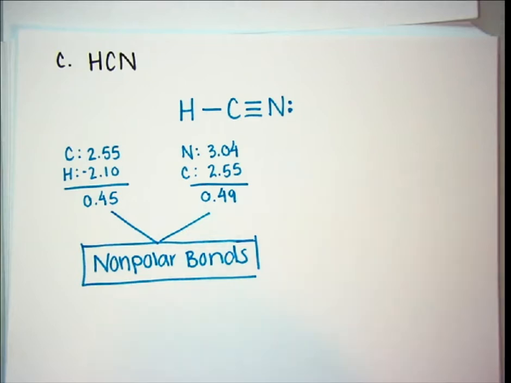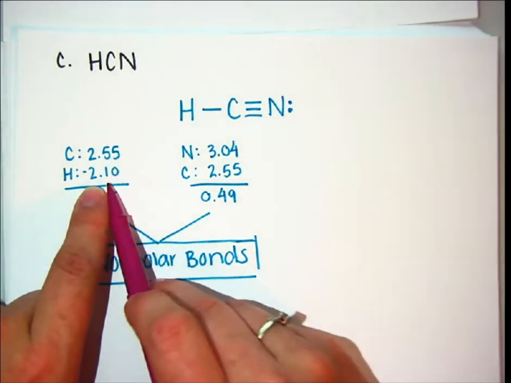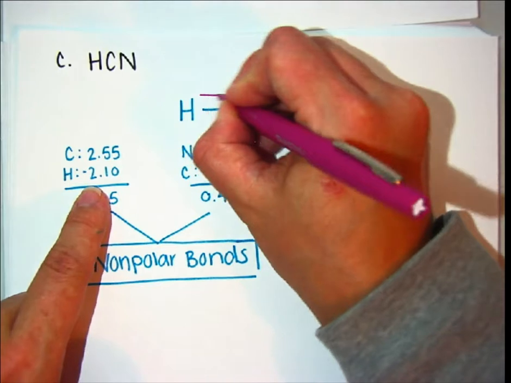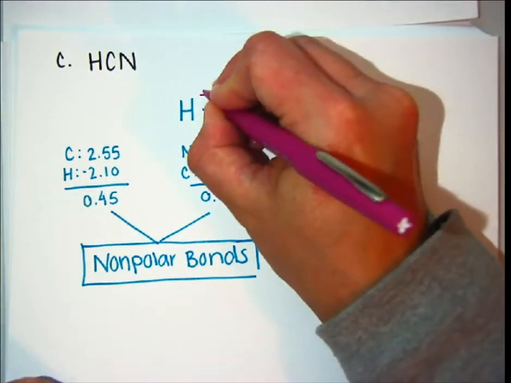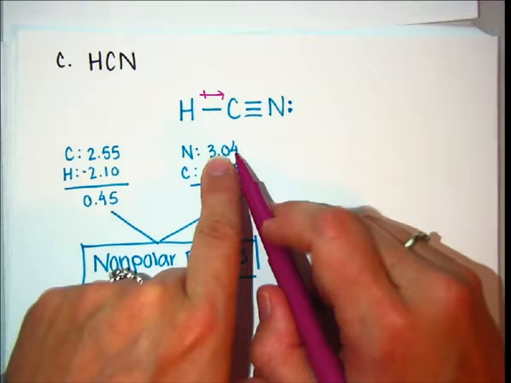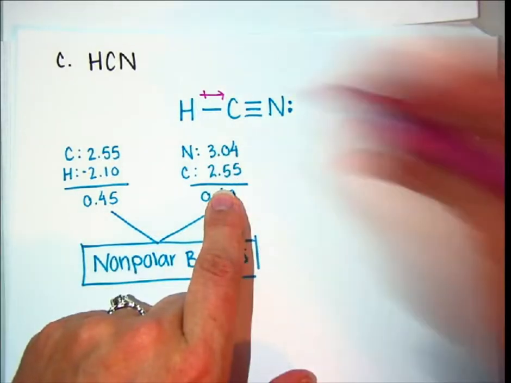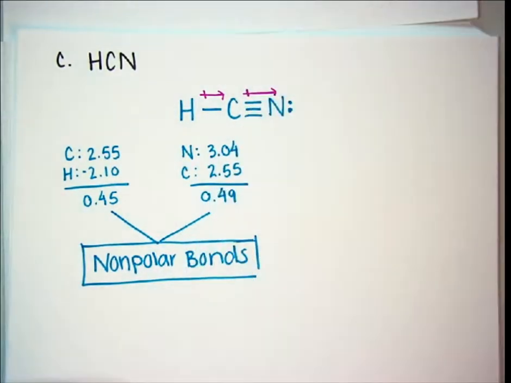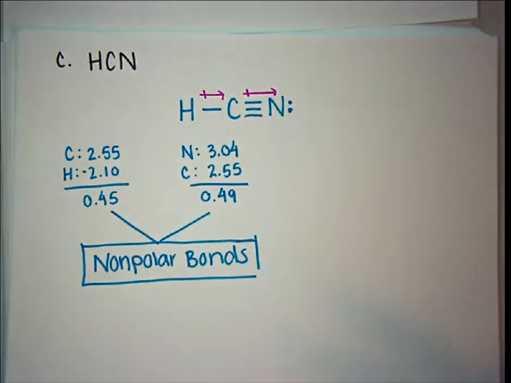When we're thinking about molecular or overall polarity, think in terms of vectors. Carbon is more electronegative than hydrogen. So carbon is going to pull those electrons closer to it. Let's compare nitrogen and carbon. Nitrogen is more electronegative. Again, pretend my arrows were to scale.